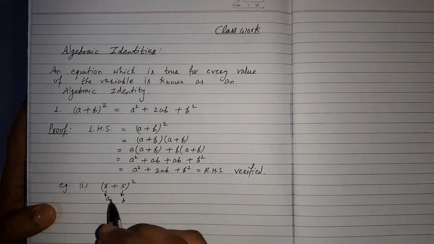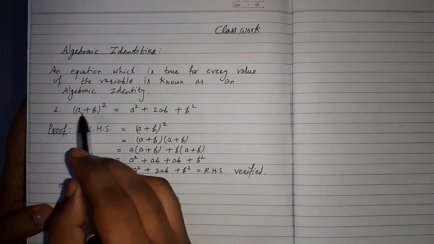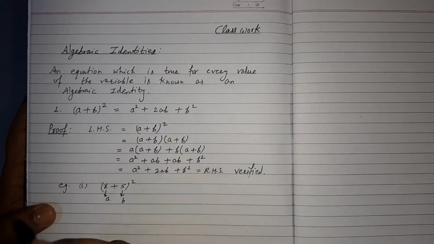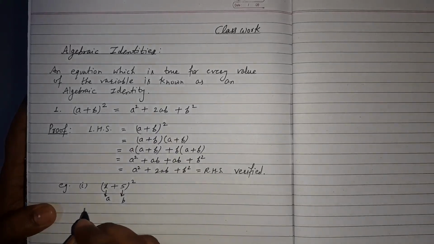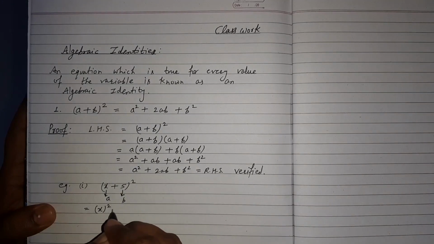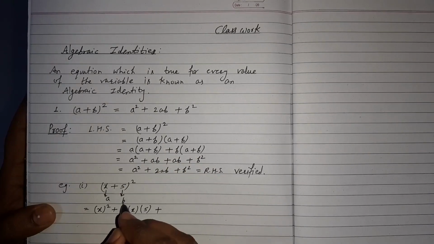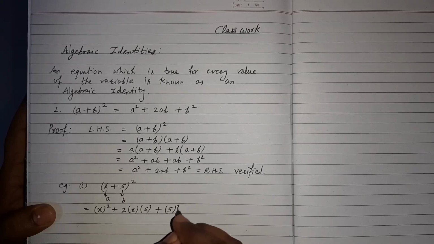So according to the identity (a plus b) whole square, it will be a square plus 2ab plus b square. The value of a is x, so it will be x square, plus 2ab, where the value of a is x and the value of b is 5, then plus b square, and the value of b is 5, so it will be 5 square.